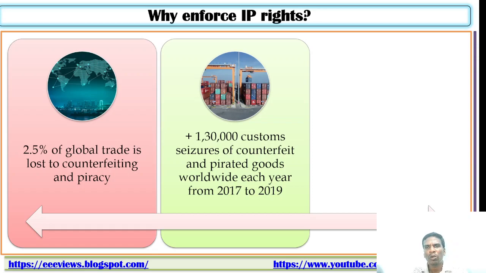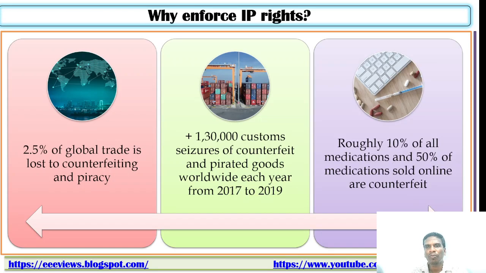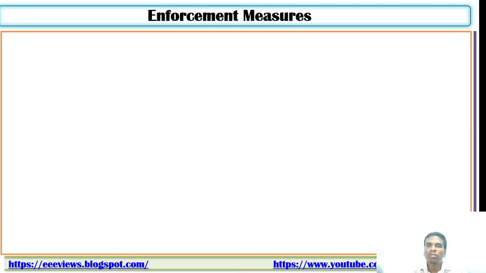They seized around 130,000 tons of pirated goods. In the medicine field, around 10 percent, and in online medicine 50 percent, are fake products. To control this, there should be enforcement action.